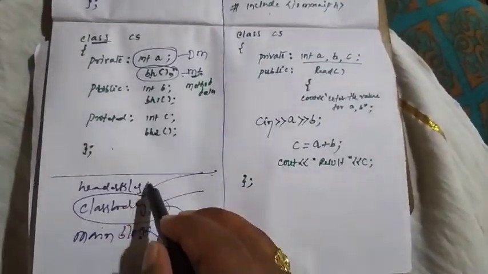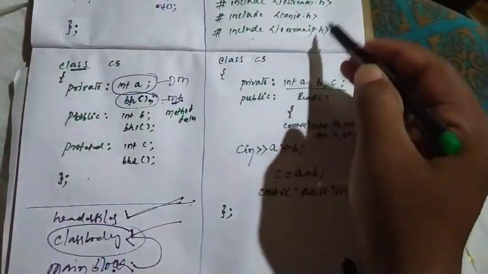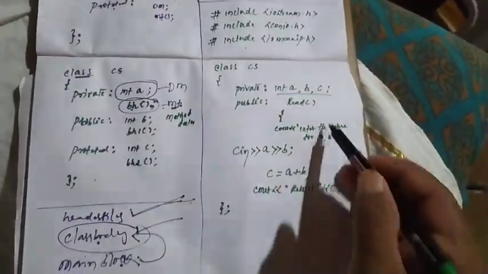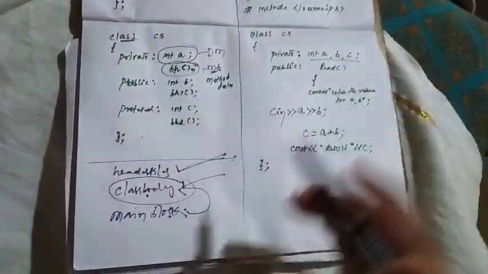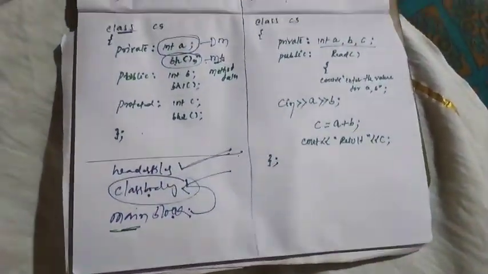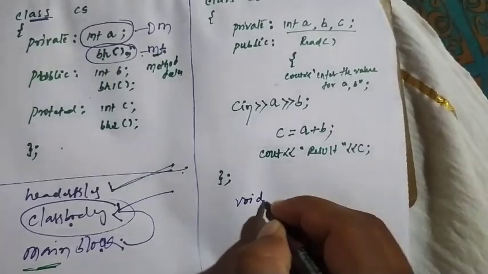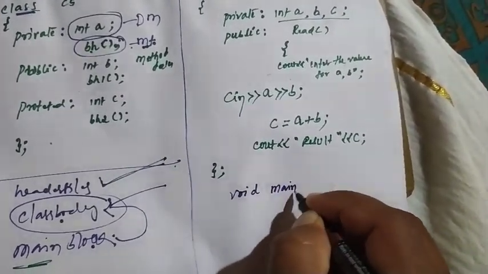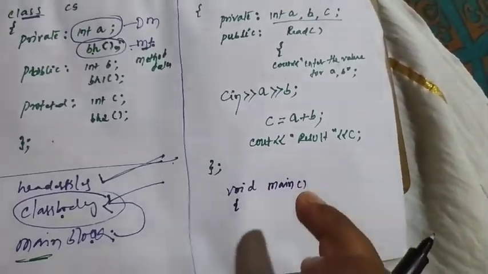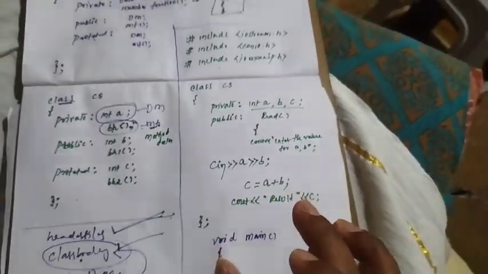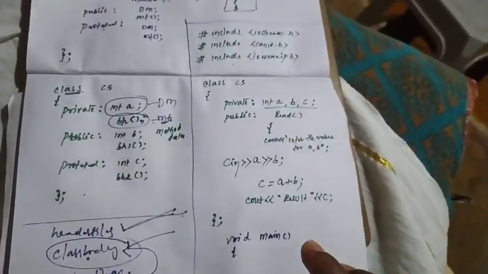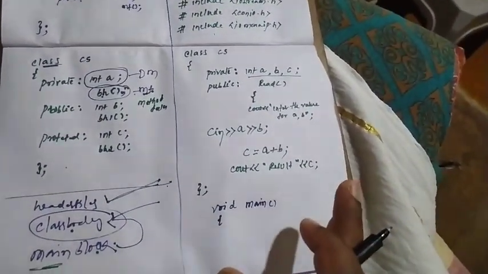I have told that the header file is required, and I have already declared it. The class body I have declared; this is the class body. If you want to execute this class body, a main block is required. That main block I will write here: void main, open the bracket. To execute the class body in your program, you are supposed to create a reference object.